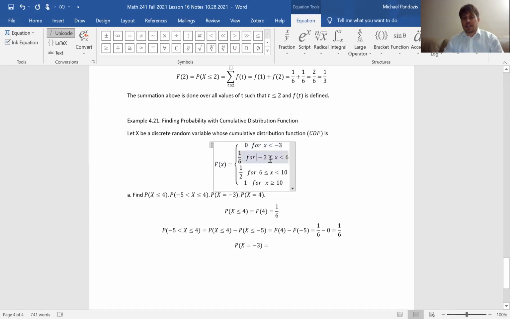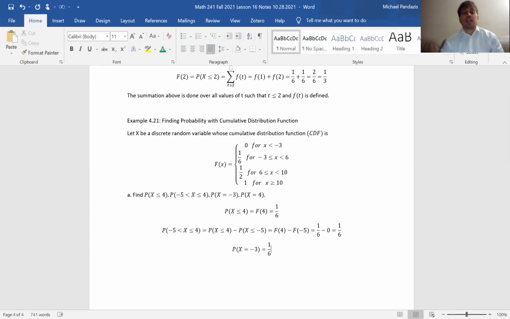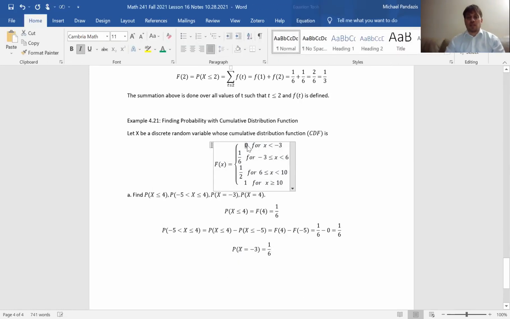But when you get to -3, the sum of the probabilities becomes 1/6. So the sum of the probabilities goes from 0 to 1/6 when you just add the number x equals -3. That means the probability of x equaling -3 has to be 1/6. It has to be the amount that you added to change the cumulative distribution function from 0 to 1/6.